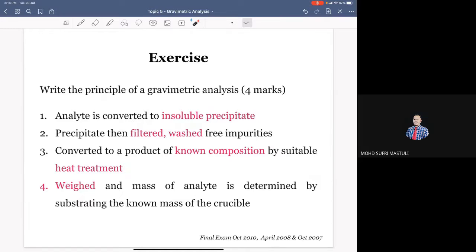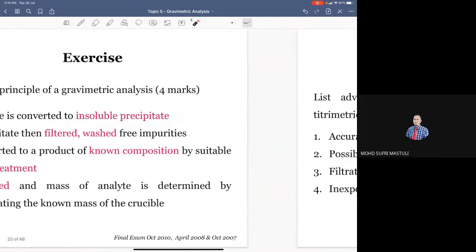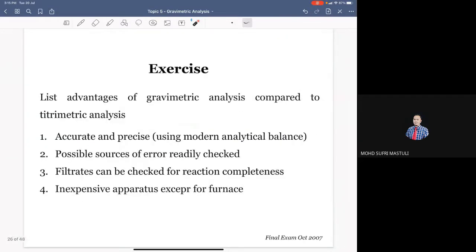Last, we weigh, and the mass of analyte is determined by subtracting the known mass of the crucible. Because we heat the known composition using the crucible, the crucible should be weighed before and after the heat treatment.